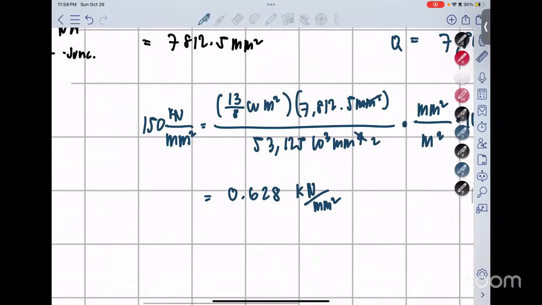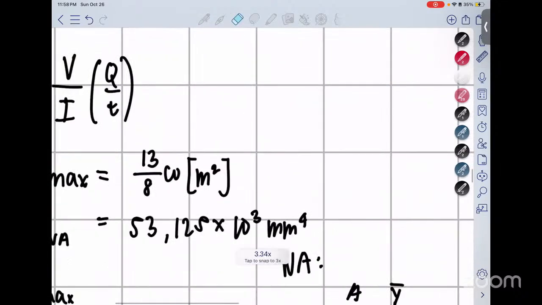Okay, so then this will be equal to 627, kasi if you don't round it, magiging 627.692 newtons per mm squared. Yeah, so that's the maximum that your top section can carry.